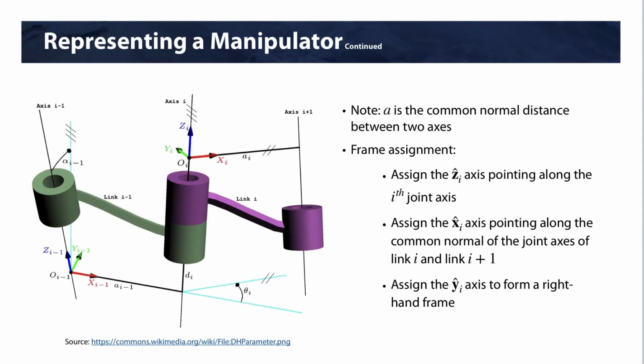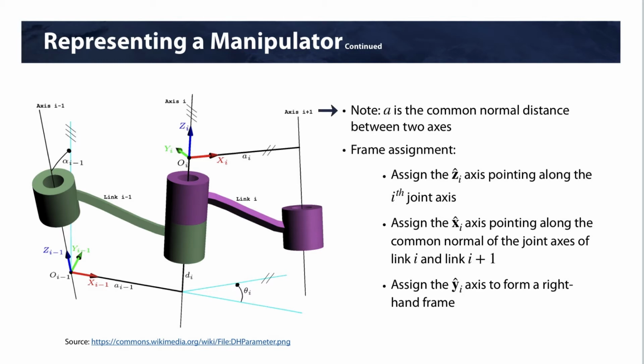So here we have 2 links of a robot: link i minus 1, and link i. There are axes associated with these links. This is axis i minus 1, this is axis i, and this is axis i plus 1.